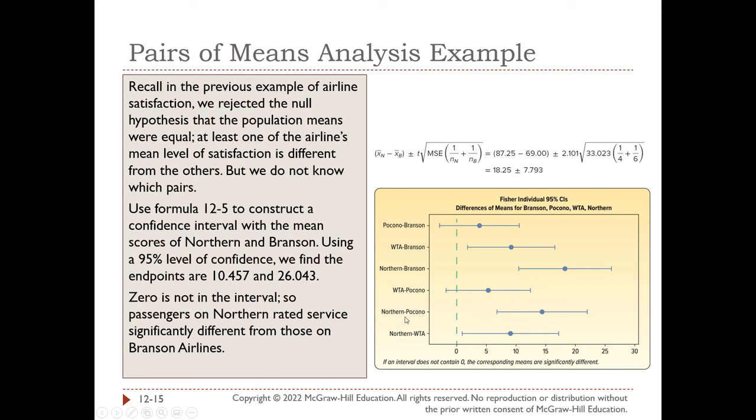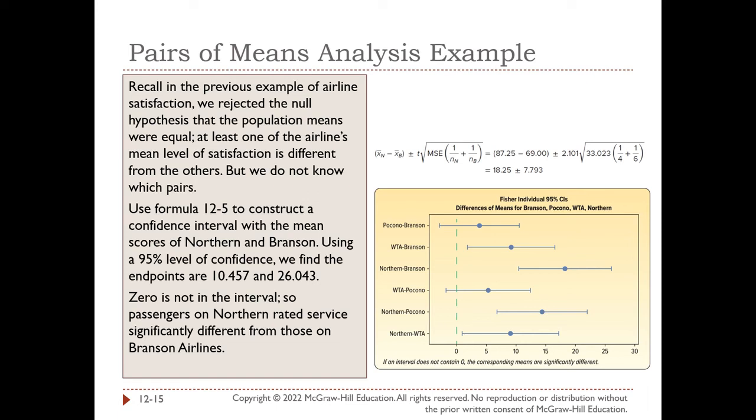Actually, we should have Bronco and, yeah. So again, notice all the results. So they actually did all the computations. Further, we can find that the Branson treatment is different from the WTA.